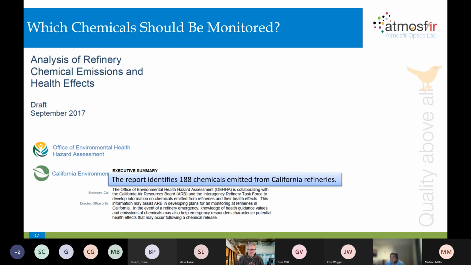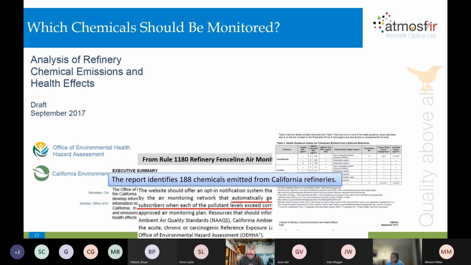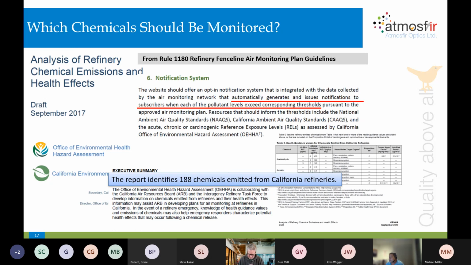It identified 188 chemicals, and it gives for most of them a threshold or recommended threshold. It's acute for 1-hour average, 8-hour averages, and 1-year averages. And this is important because the whole program is meant to give a notification to the people when those limits are exceeded.